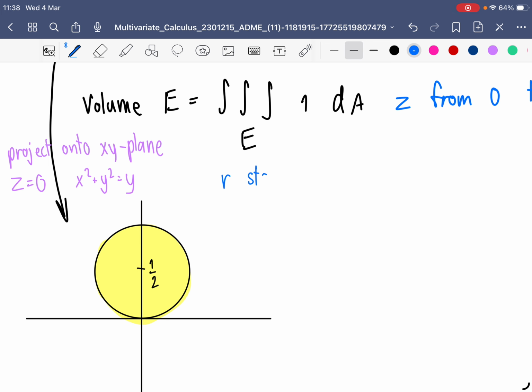Now be very careful here. Finding the values of r, you are not starting from the center of the circle. You are starting from the origin. So you have to draw from the origin to the end of the circle. So your r starts from 0 to the circle.